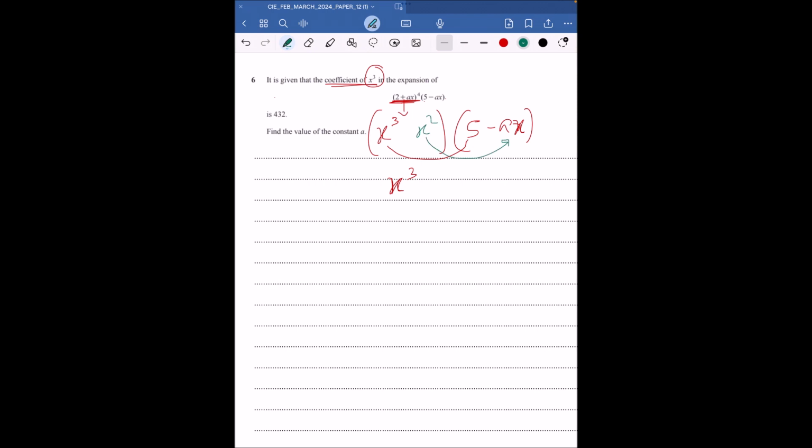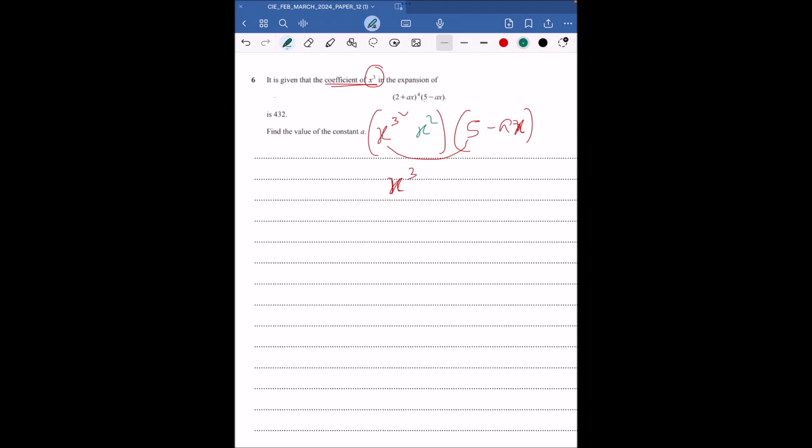So I need the x squared and the x cubed from this one only. So you don't need to expand everything. So imagine they put 8 there. The equation will just change. It will still be the same. So how will I get the x cubed from here?